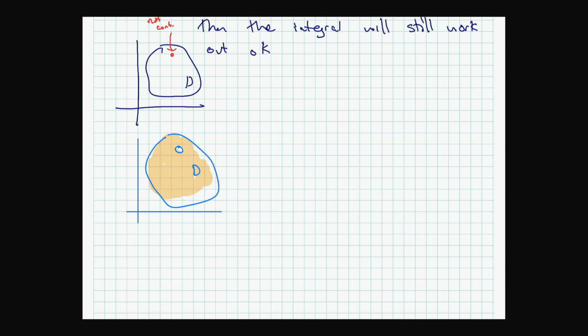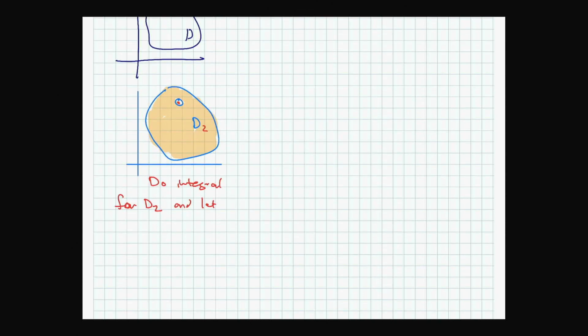What if we just use this D instead, where we left out that one single point? So you leave out that point, put a little circle around it, and then we do the integral for D2, and let the area of the little circle go to 0.